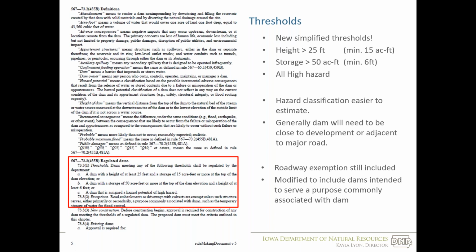So if it's really a roadway with a culvert that's not intended to provide flood control, that would be exempt. But if it's a roadway that has a drop inlet structure, or it looks like the goal of it is to serve the purpose of a dam, then it still will be regulated as a dam. You can't just throw a road on top and call it not a dam.